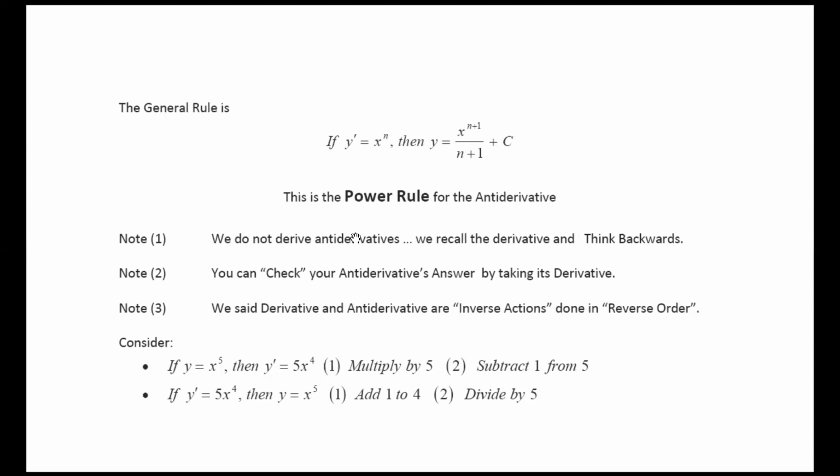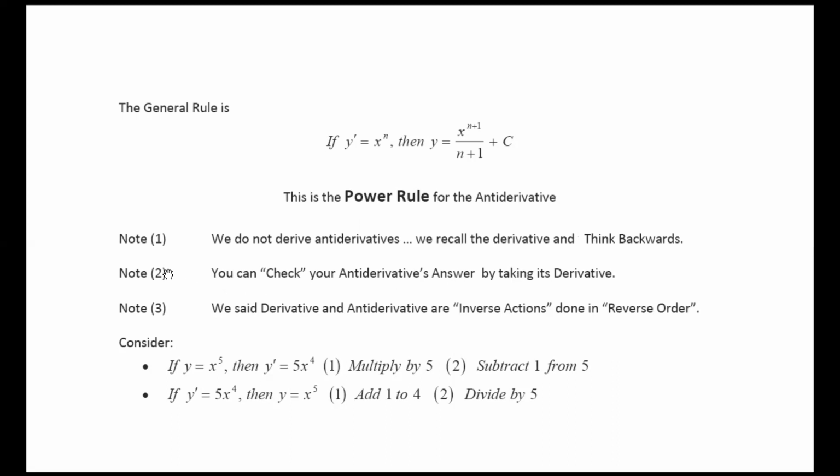In particular, for the power rule, we used the definition of the derivative, and we did quite a bit of work to come up with the derivative of x to a power. But with the antiderivatives, we don't derive the antiderivative formulas. We simply think backwards.